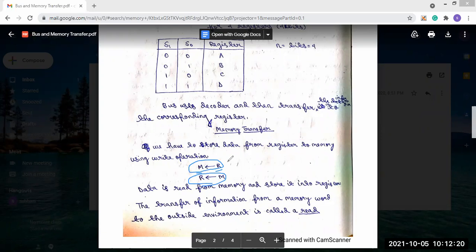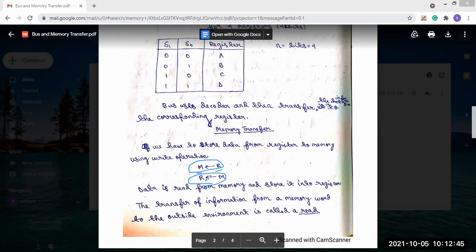Only draw this diagram, and it will come to your mind first: if the data is transferred from register to the memory, that means memory write. And if the data is transferred from memory to register, that means memory read operation. So this is memory write and this is memory read.